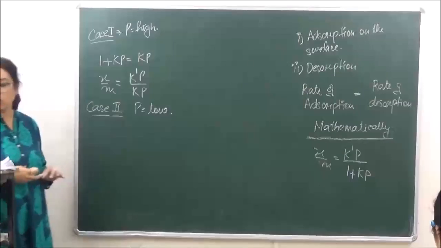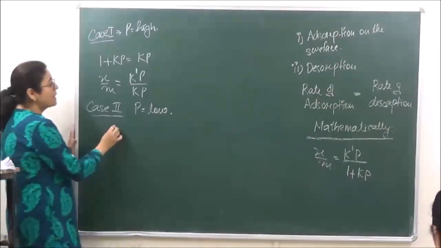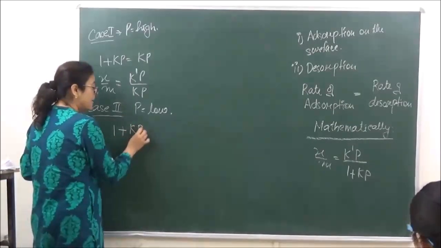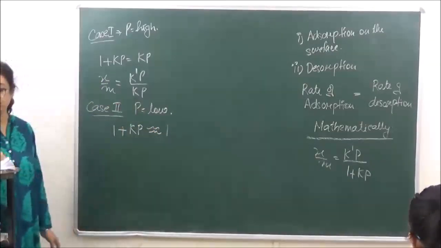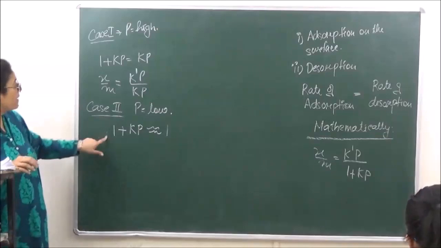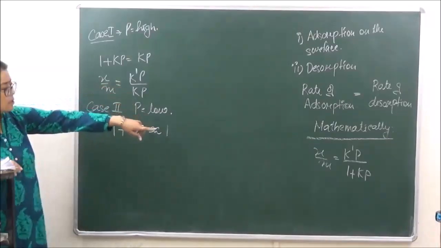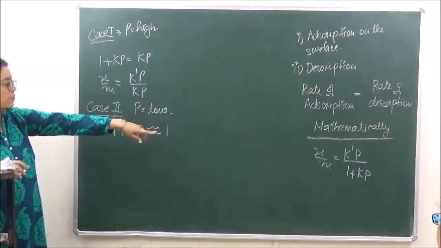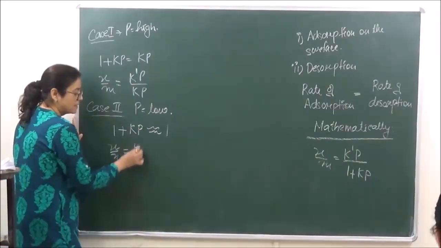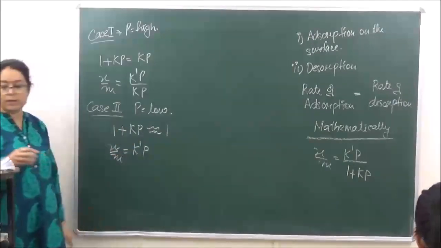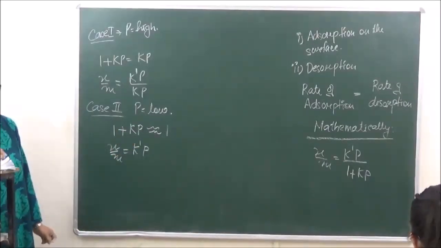When pressure is low, in that case 1 plus kp approximately becomes equal to 1. So if 1 plus kp is equal to 1 in that equation, x upon m will become equal to k dash p, right?